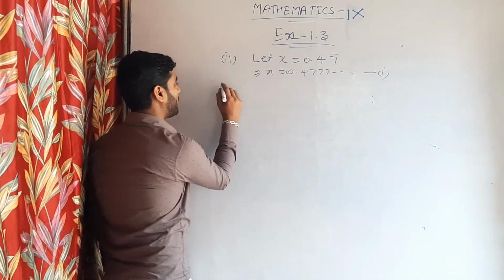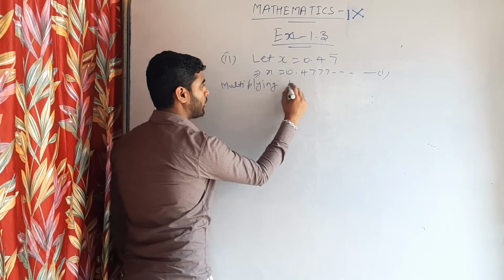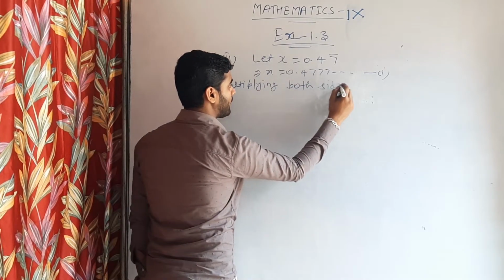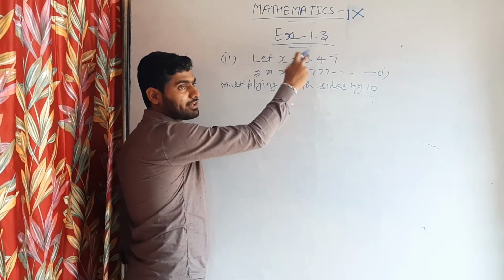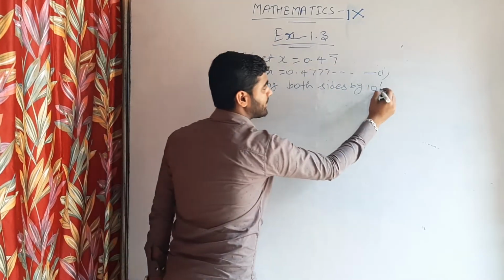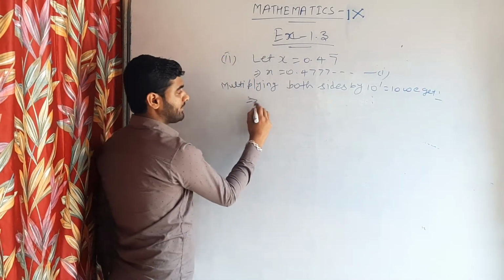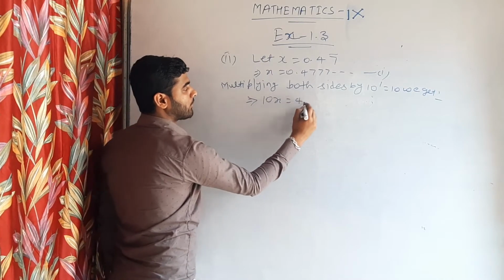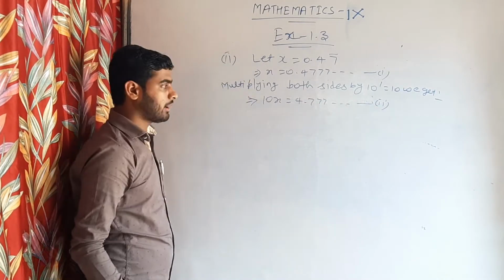So we multiply both sides by 10 to the power of the number of digits on which recurring is not placed. There is one digit, so 10 to the power 1 equal to 10. We get 10x is equal to 4.777, equation second.